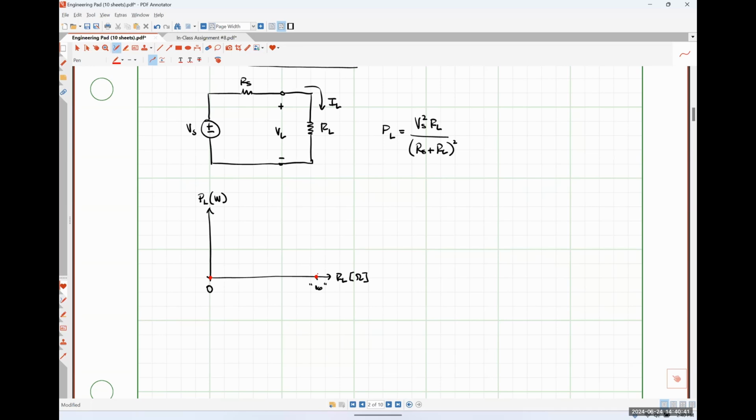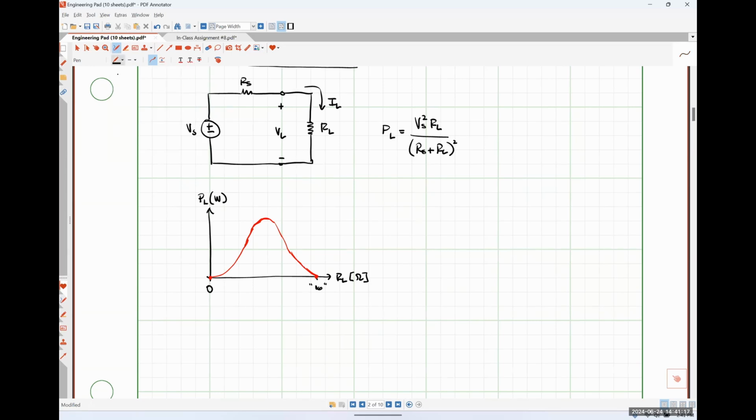Okay. So if I were to plot this function for PL as a function of RL, it would look something like this. It's not going to be quite so parabolic in shape. It would be stretched more to one side, but you guys effectively should get the gist. So what I'm trying to illustrate here is a couple of things, okay?